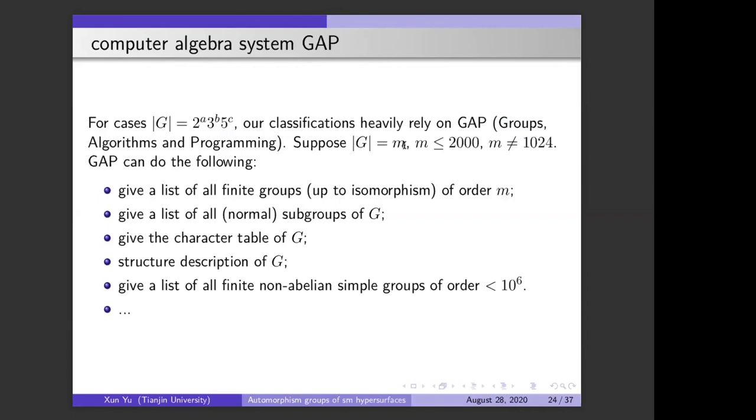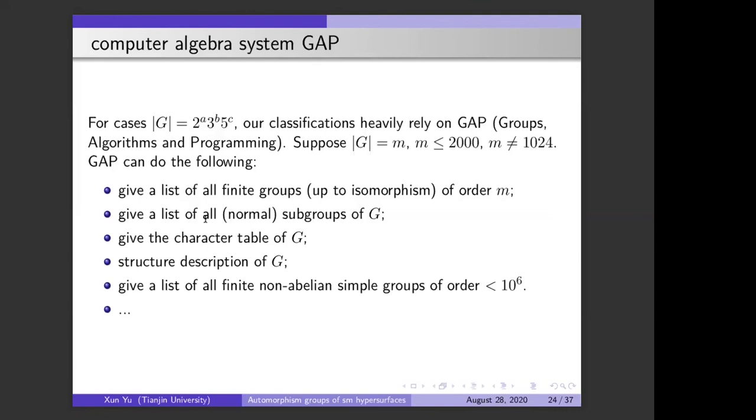Suppose you have some positive integer m less than or equal to 2000, but m is not equal to 2 to the 10th, which is 1024. Then GAP can do the following things. First, give a list of all finite groups, up to isomorphism, of order m.